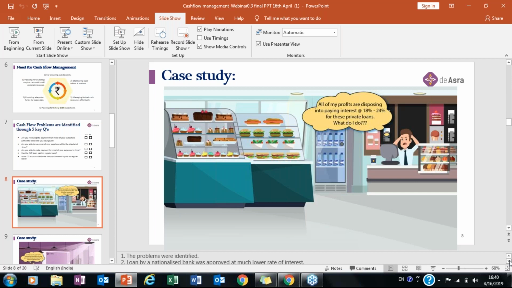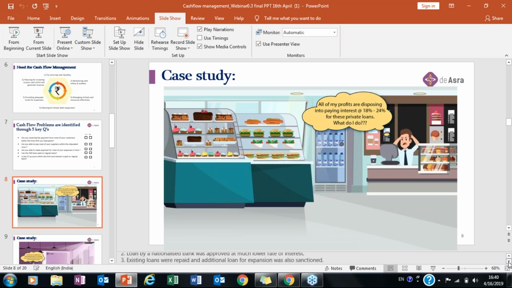So to conclude, we identified the problems. We helped him get the loan from a nationalized bank, and the loan was approved at a much lower rate of interest than the money lenders, which was between 18 to 24%. The new loan he got was at an interest rate of 14%.